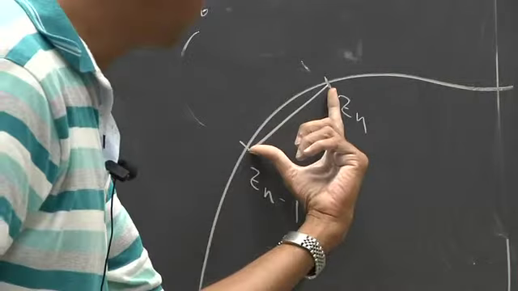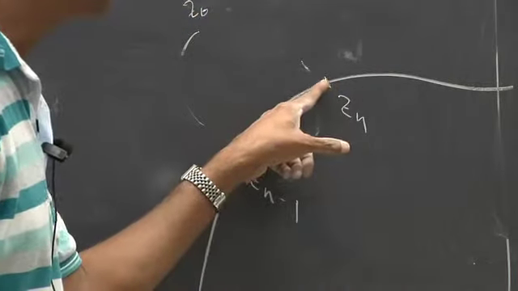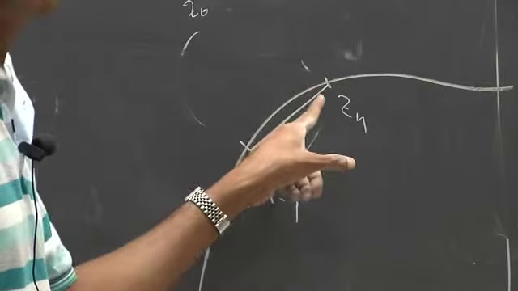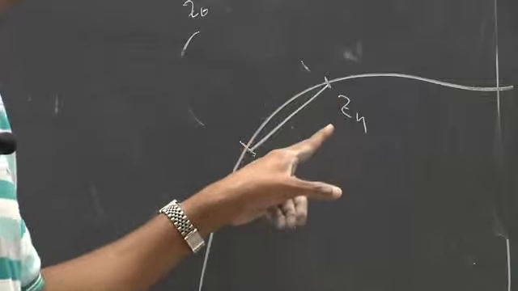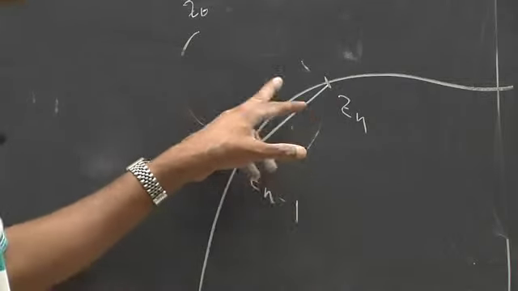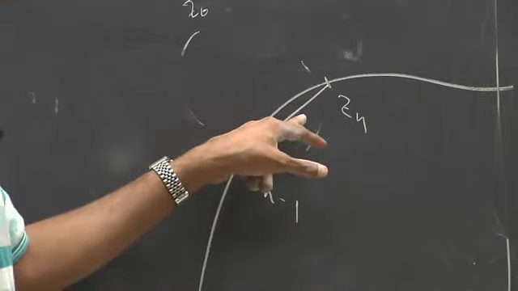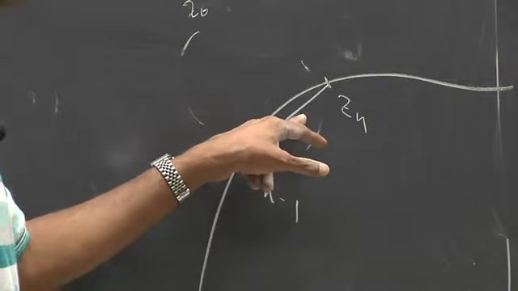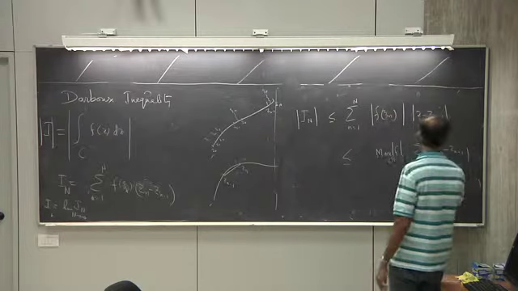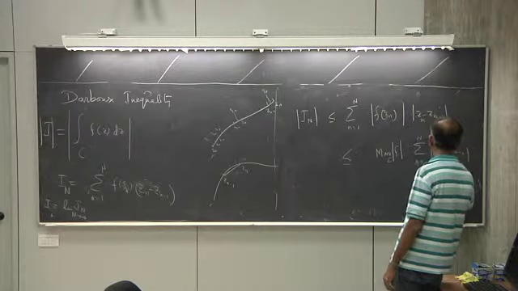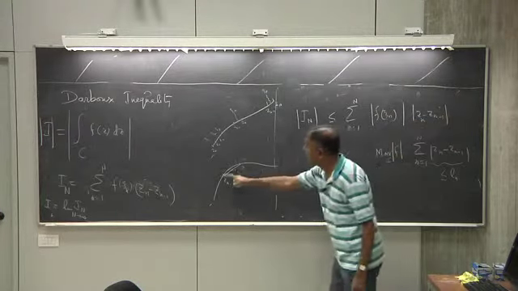But this length is less than or equal to the length of this arc. It would be equal if the arc itself happened to be a straight line, which could have happened. But if it is not a straight line, the arc is certainly longer than the straight line length. So this is less than or equal to the arc length. Let me call it L_n, the nth arc length.